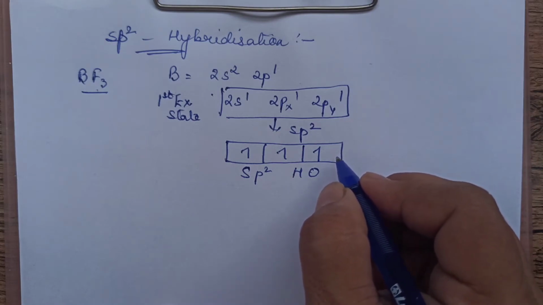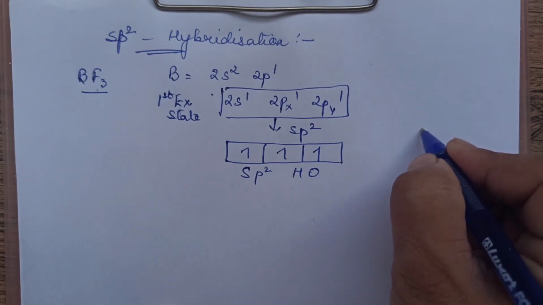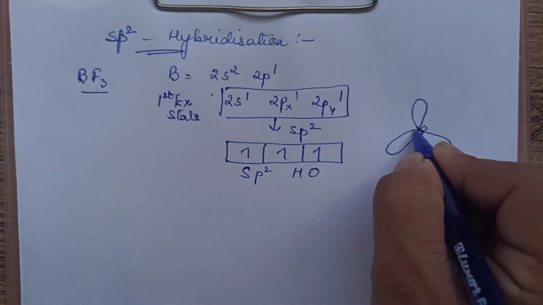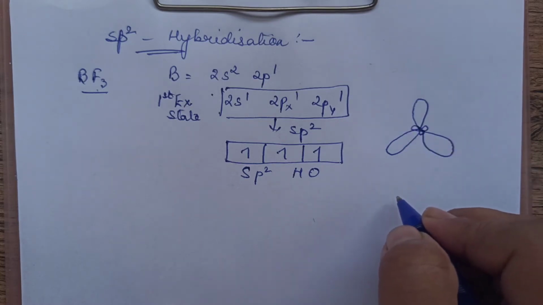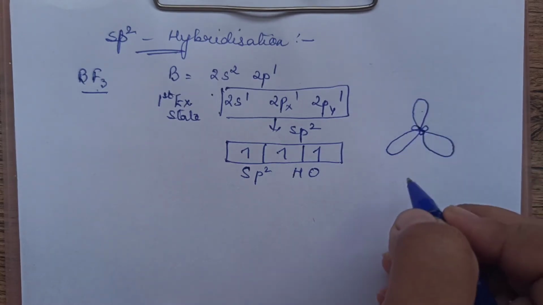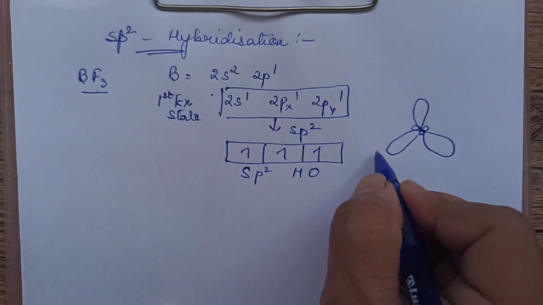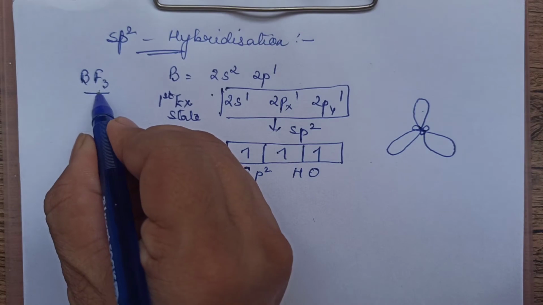And how should 3 sp2 hybrid orbitals be arranged? That we have already discussed, that they should be arranged as far apart as possible, and the arrangement is trigonal planar. Each one is an sp2 hybrid orbital, each having one electron. Now these will overlap with fluorine.